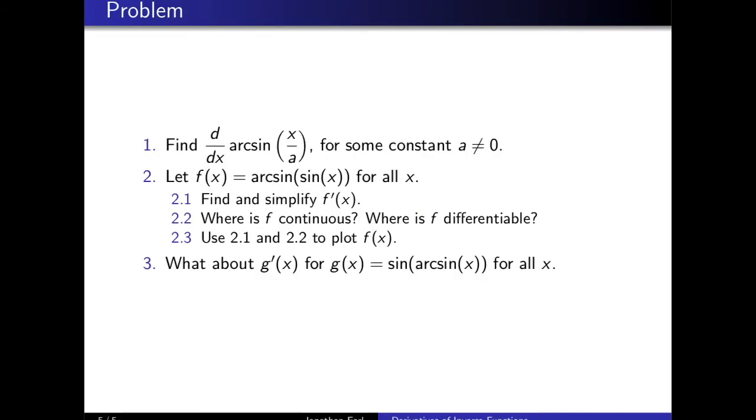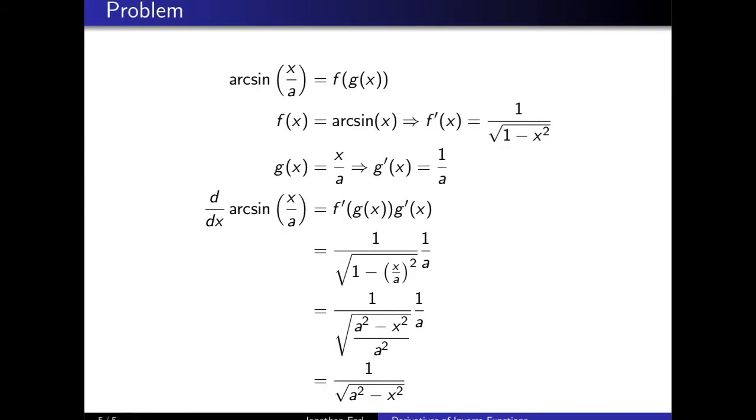Okay, one more example to wrap this up. Let's find the derivative of arcsine of x over a for some non-zero constant a. Here we have a chain rule. Our outer function is arcsine, so its derivative is 1 over the square root of 1 minus x squared, and our inside function is x over a, whose derivative is 1 over a.